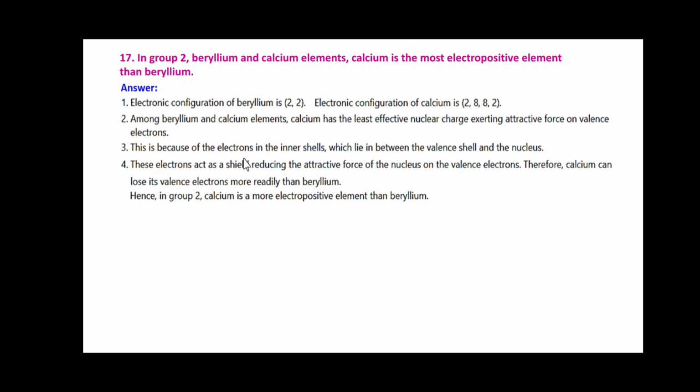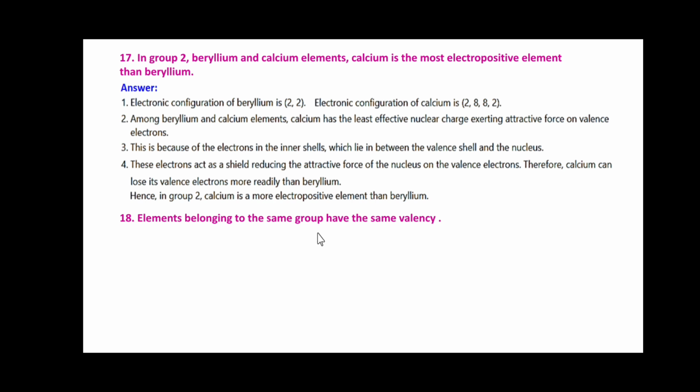This is because of the electrons in the inner shells, which lie in between the valence shell and the nucleus. These electrons act as a shield, reducing the attractive force of the nucleus on the valence electrons. Therefore, calcium can lose its valence electrons more readily than beryllium. Hence, in group 2, calcium is a more electropositive element than beryllium.